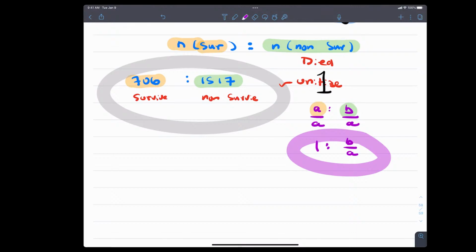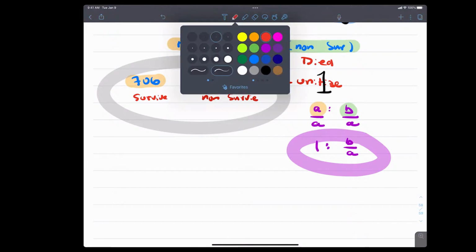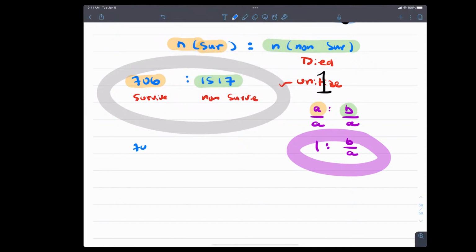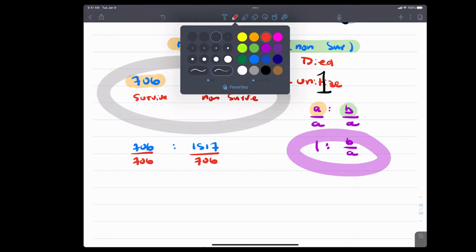So if I had to unitize these odds, how does that apply to what we're looking at here? Remember that Titanic mortality table? 706 survivors to 1,517. So I want to unitize the survivors, so divide both of these quantities by 706.